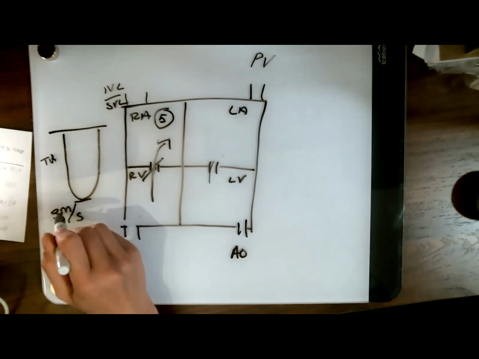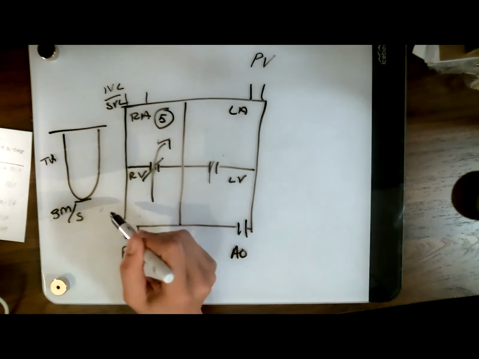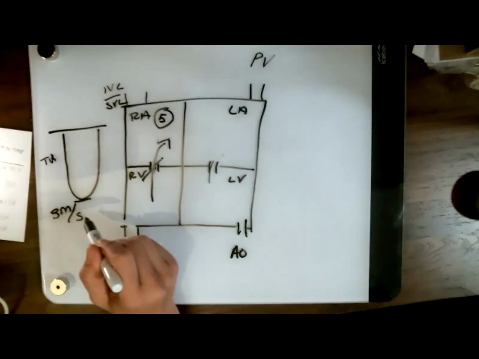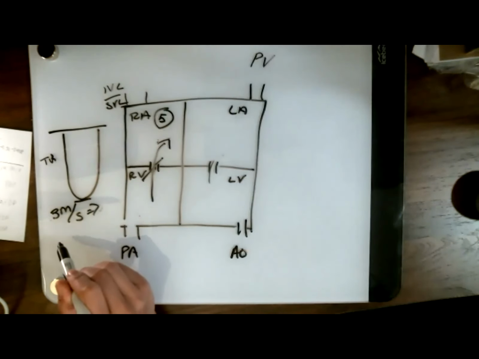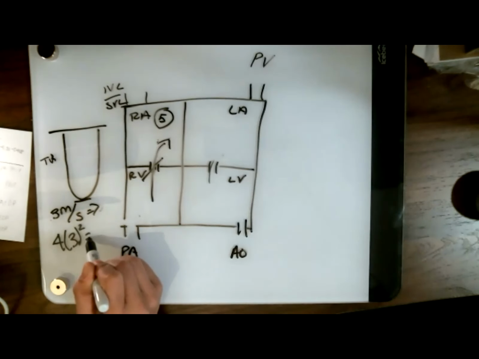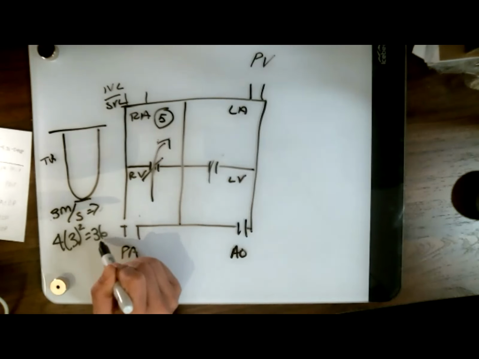And that flow is 3 meters per second. So that means the pressure drop from the RV to the RA, by the modified Bernoulli equation, is 4 times 3 squared, or 36 millimeters of mercury.